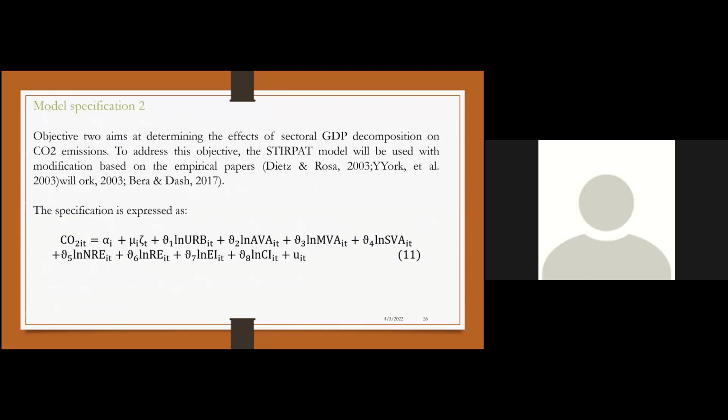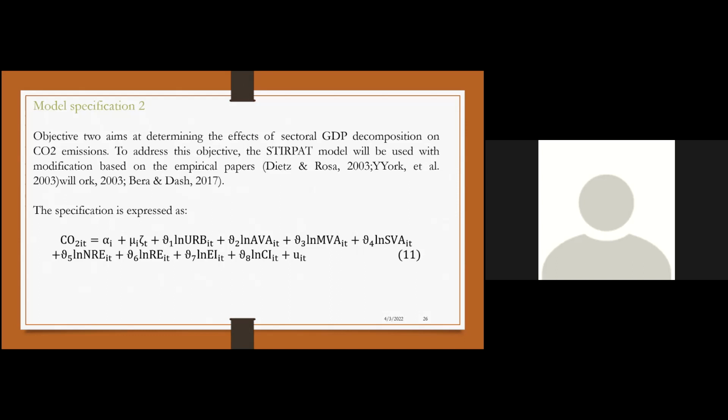Objective number 2 has its own specification and will adopt the STIRPAT model. In terms of the empirical formulation, we will look at the role of urbanization in the IPAT. Urbanization will be a proxy for the population. Then there is a decomposition of the three sectors of the economy: agricultural value added, manufacturing value added, and service value added.